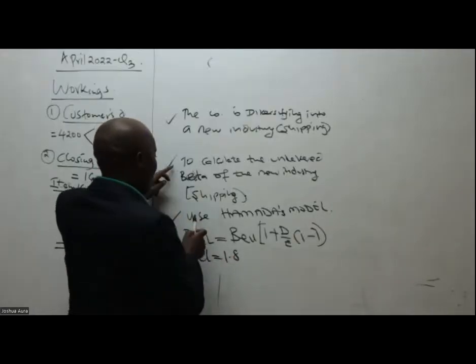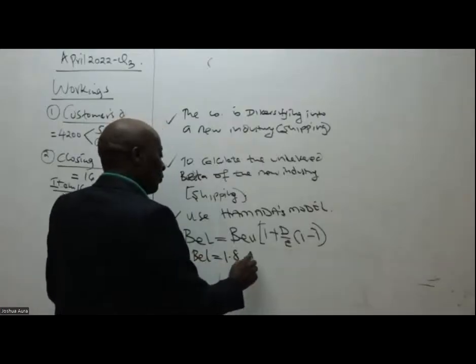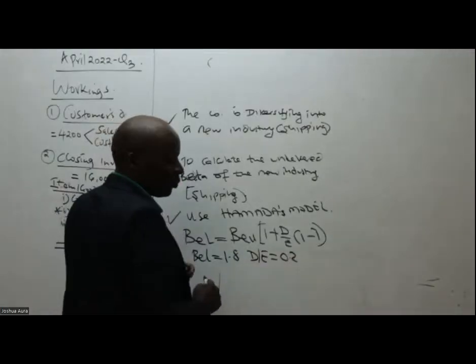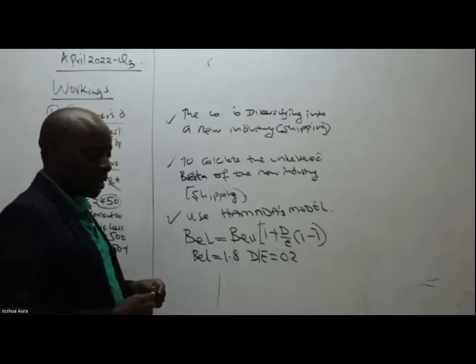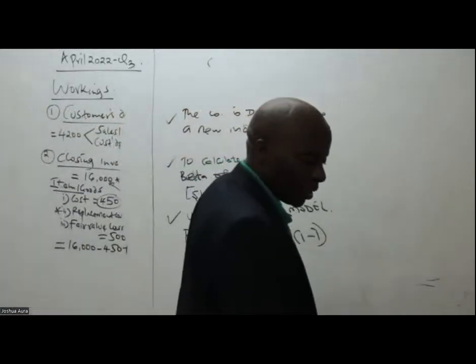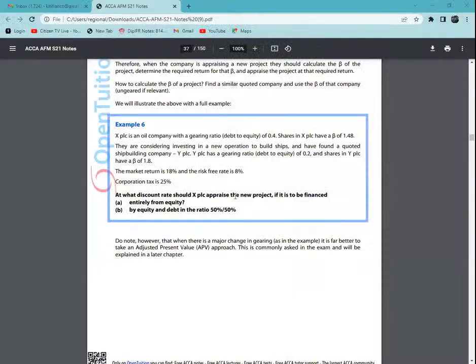We're talking of the new industry, 1.8. And fortunately for this new industry, they have given us the debt to equity ratio as 0.2. I'm not guessing here. They have told us debt to equity of this is 0.2.